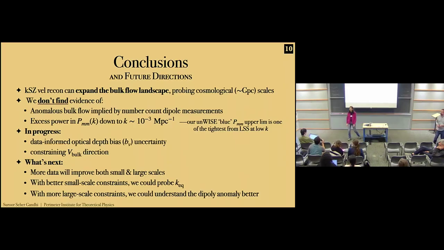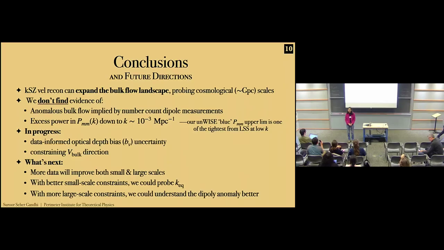So on the in-progress part, I'm curious to explore the notion of this data-informed optical depth variation bias. I'm trying to understand to what extent this measurement is independent from the number counts measurement, in a way that if there's a dipole in the galaxy number counts, then potentially that would infer a variation of the optical depth at that large scale in these two different directions.